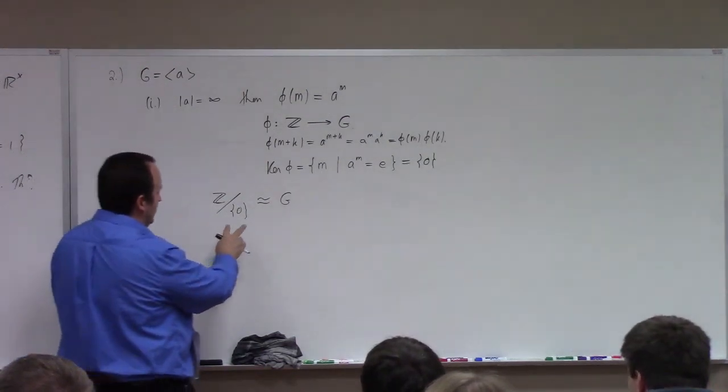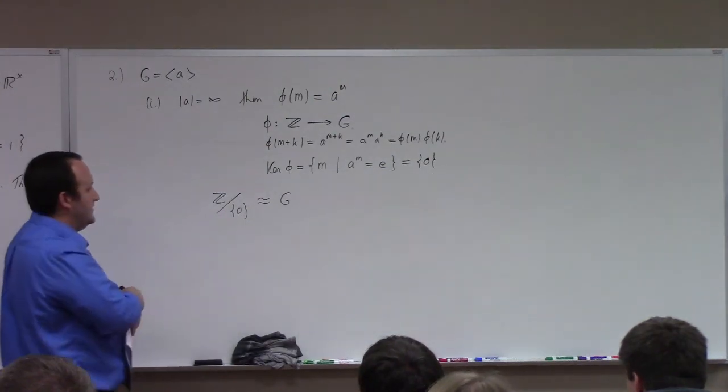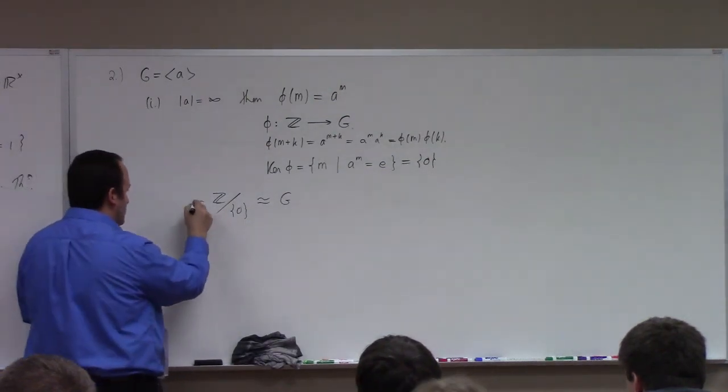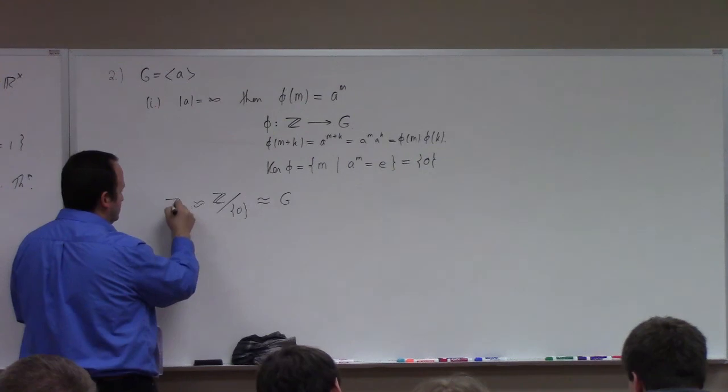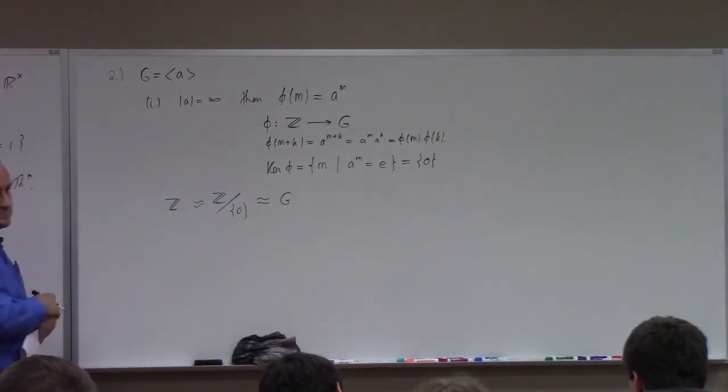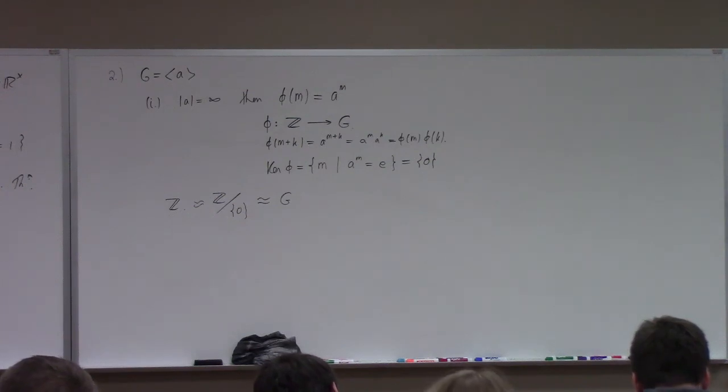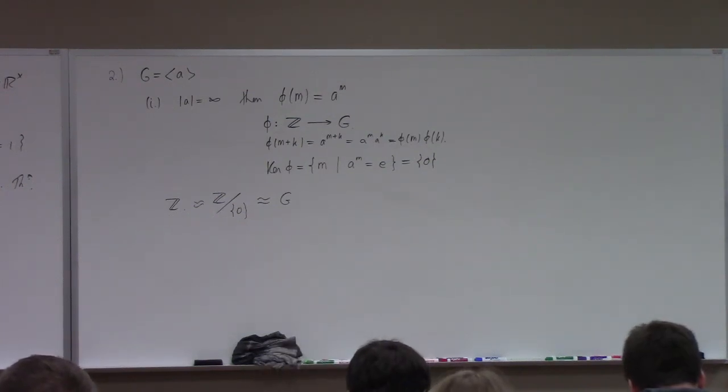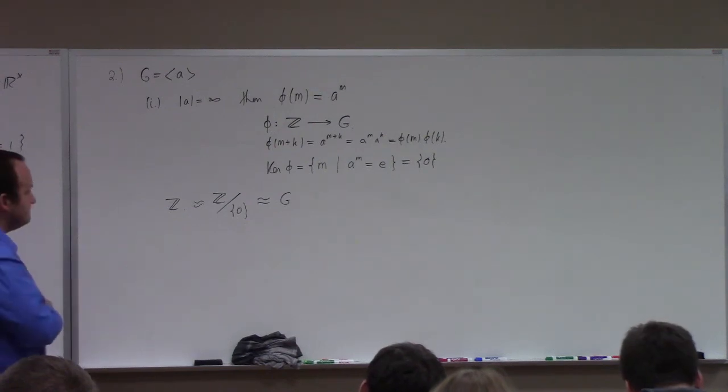Now, of course, Z mod 0 is isomorphic to what? Just Z, right? Could you prove that? How would you prove such a thing?